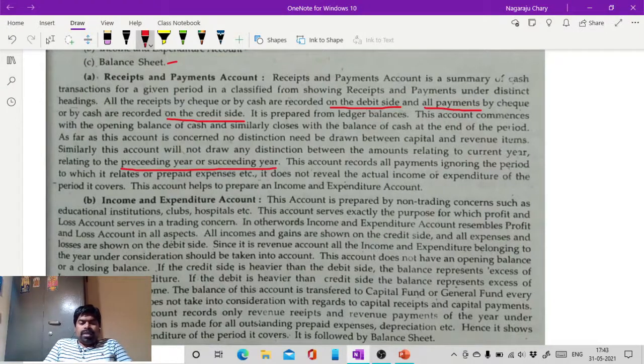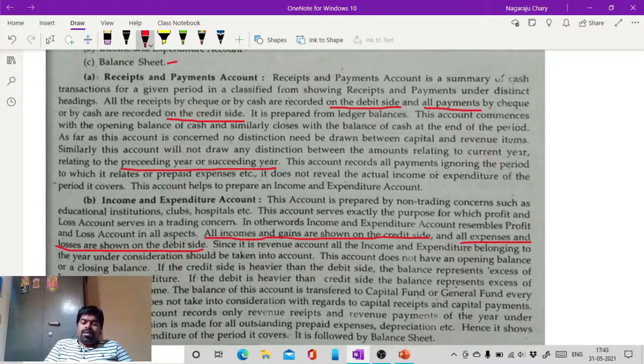All incomes and gains are shown on the credit side. Just now we discussed the principle of nominal accounts. All the incomes and gains are shown on the credit side, and all expenses and losses are to be shown on the debit side. The same principle is applied here also, in the income and expenditure account.